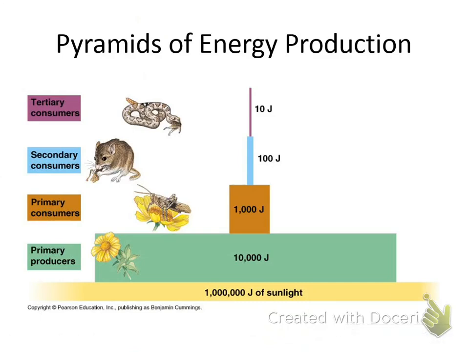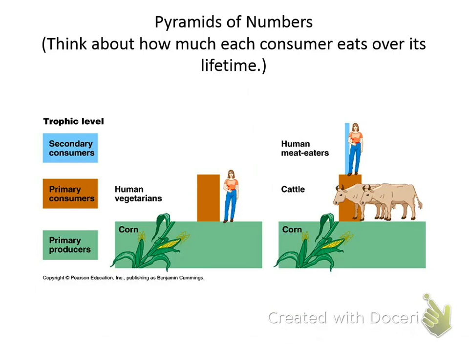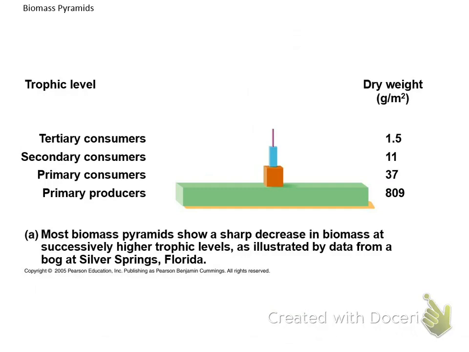We already kind of hit the last part. I only have a couple more things to say, so stick with me. We already hit this: 3 reasons it's in a pyramid. 1 is energy. 2 is numbers, like there's more producers than there are consumers. That's good. And then the last one is biomass, right? And what is biomass? Dry weight, right?